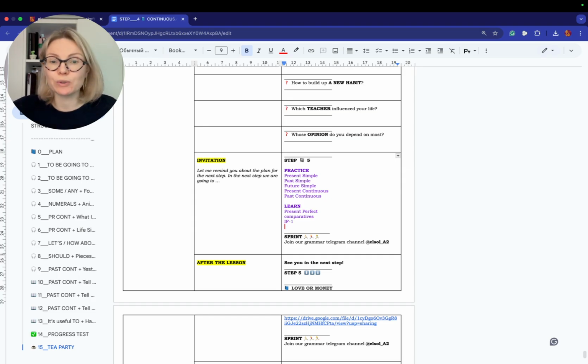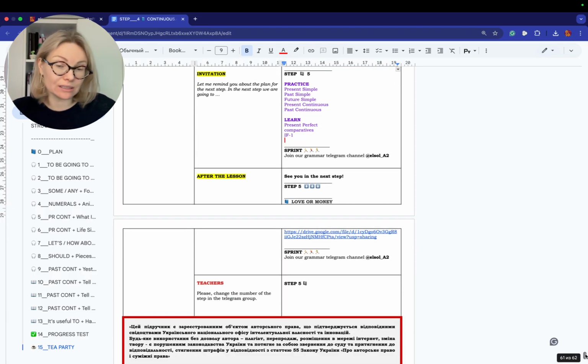In the next step, we are going to practice, we are going to learn new grammar, we're going to revise everything, and also we have grammar sprints. So please join our Telegram channel, El Sol A2. It's already your next level, so congratulations. And at home, you will also get a book to read. It is called Love or Money, so you're welcome to read it and enjoy it.